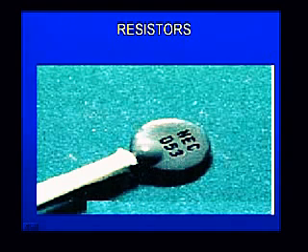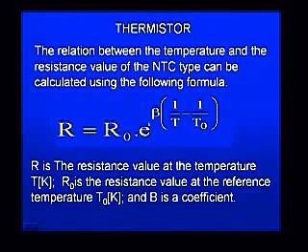This is a figure of a thermistor with the two leads, and its resistance will be dependent on temperature, as I already mentioned to you, and approximately the equation representing a thermistor can be seen on the screen. The resistance at any given temperature will be equal to R0 times exponential of some constant beta times (1 by T minus 1 by T naught), where T naught is a reference temperature and R naught is the resistance of the thermistor at the reference temperature T naught.